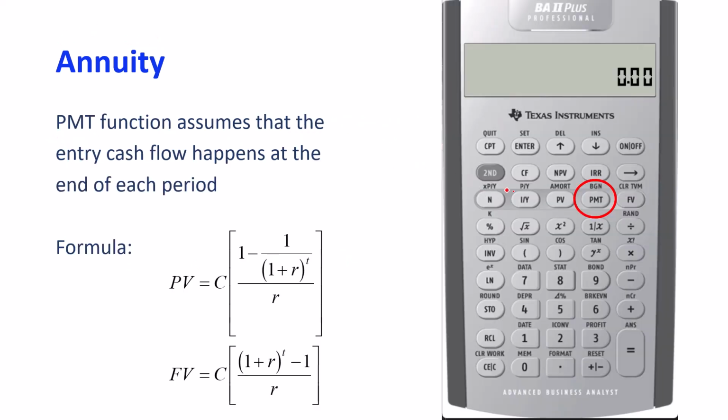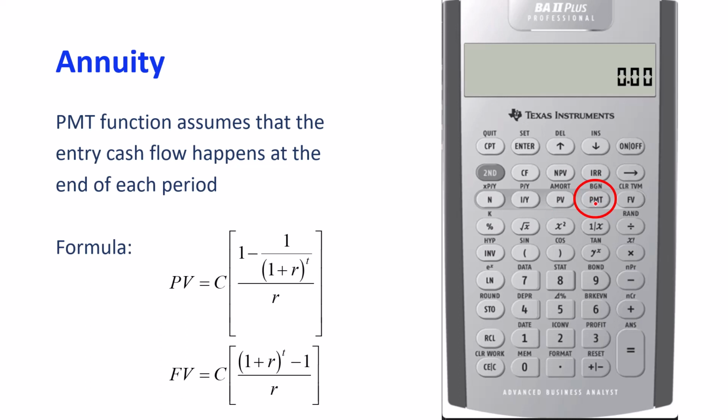In the financial calculator, remember, we have never used the payment before. We just skipped it all the time in the previous lectures. But here, we're going to start using the payment function. The payment function assumes that every cash flow happens at the end of each period. And these cash flows that you enter in the payment are equal cash flows.